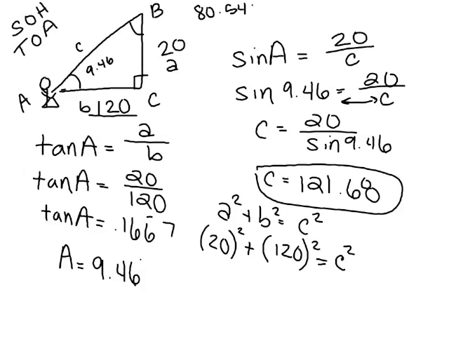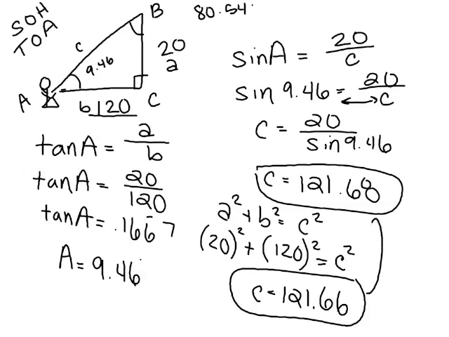Then square root that. C equals 121.66. So pretty close in value right there.